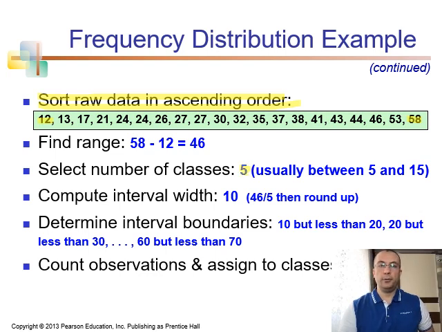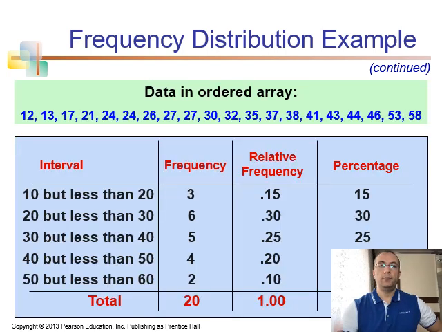Compute the interval width. That is actually something that you decide. If you make 5, then to cover 46, you will need an interval width of 10. And determine the intervals. And then this is what we get. How many numbers are between 10 up to 20?